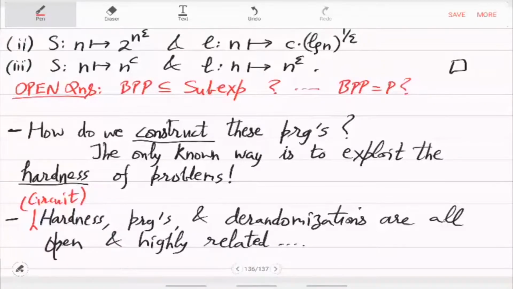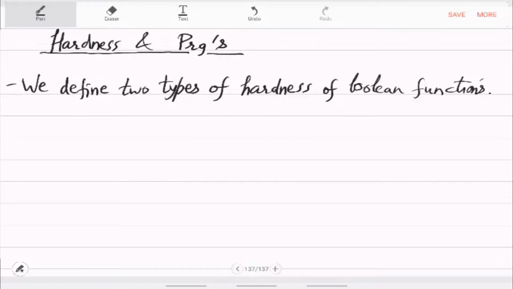It's not this P versus EXP or P versus E. Okay, this is in a way stronger. So the first definition is average case hardness, and the second will be worst case hardness.